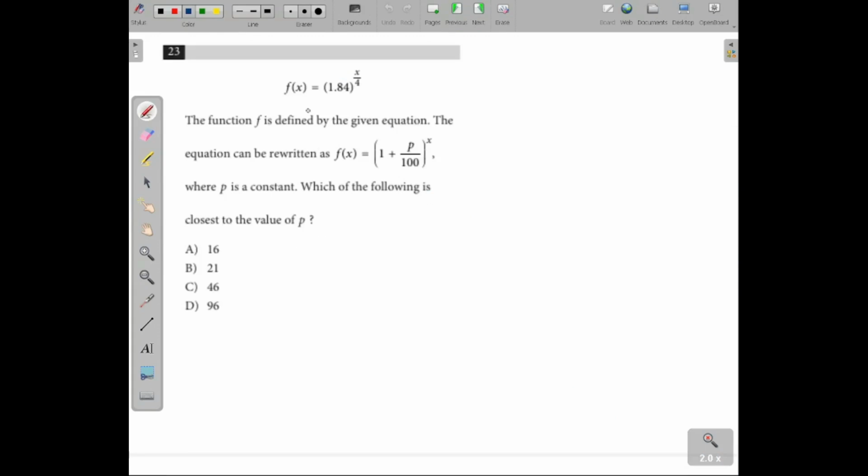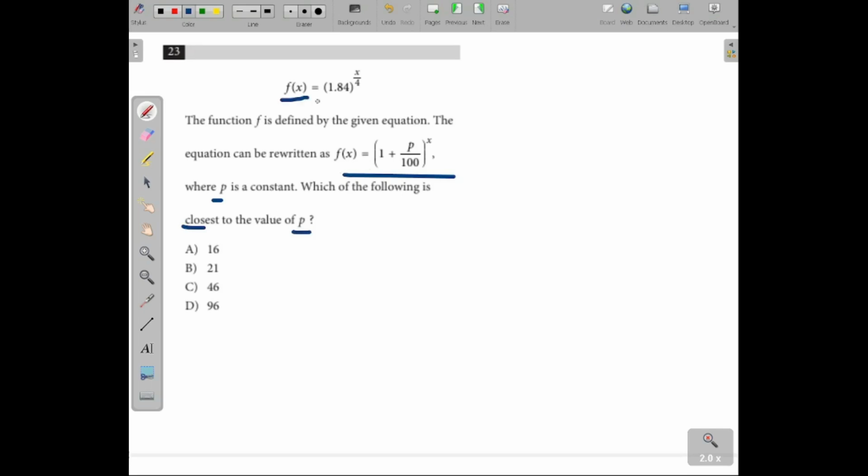Number 23. We have this function f defined by the given equation. The equation can be rewritten as f of x equal to parentheses 1 plus p divided by 100 to the power of x, where p is a constant. Which of the following is the closest to the value of p?